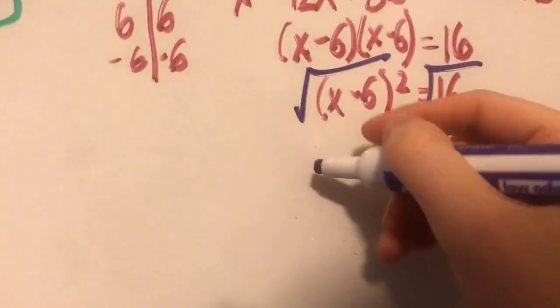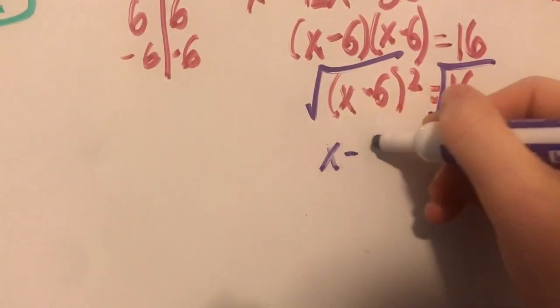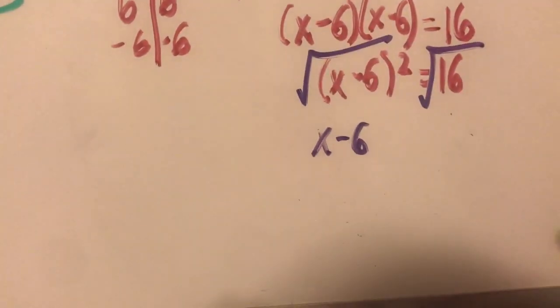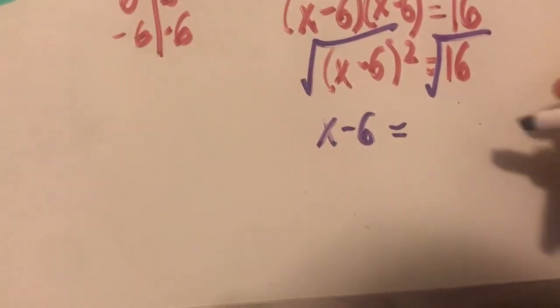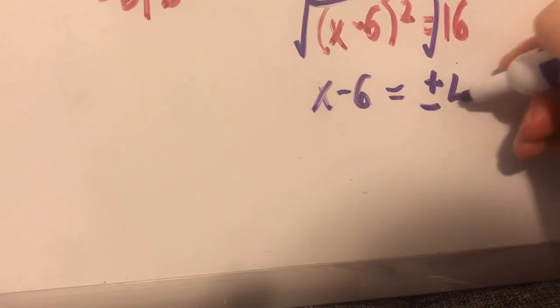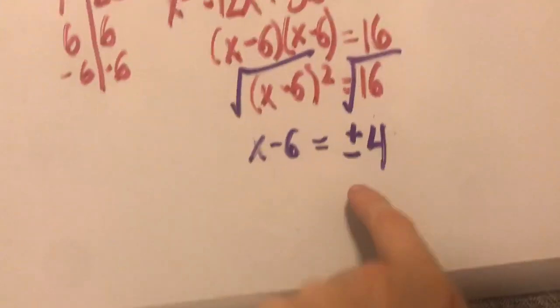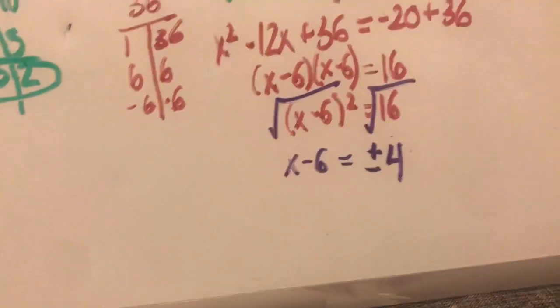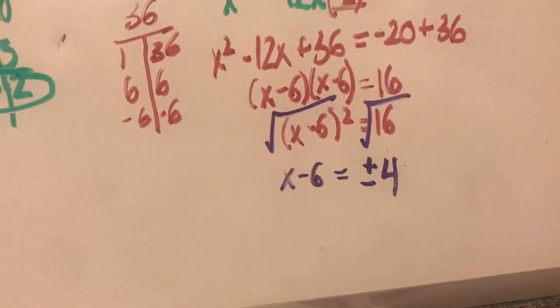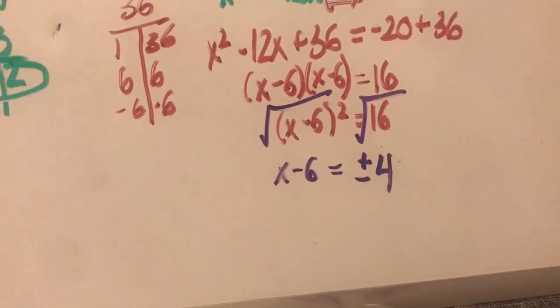When I take the square root, that just leaves me with whatever is underneath it, which is x minus 6. And here, I know that the square root of 16 is plus or minus 4. A few of you guys yesterday forgot the plus or minus. That broke my heart. Don't forget it. Anytime you take the square root, that plus or minus needs to be there.